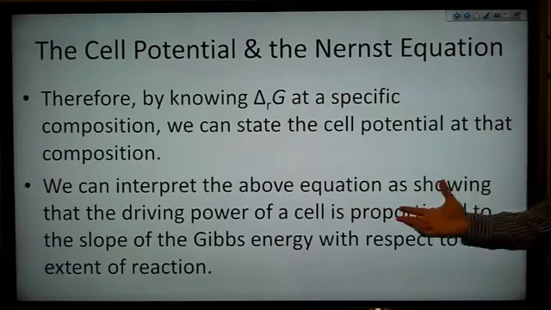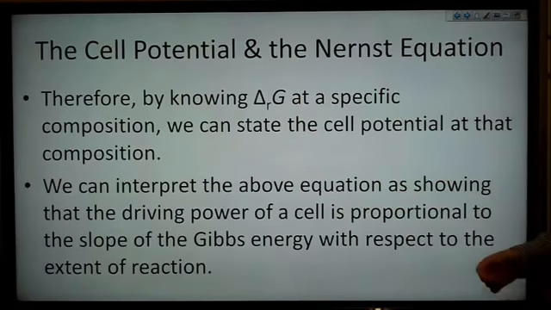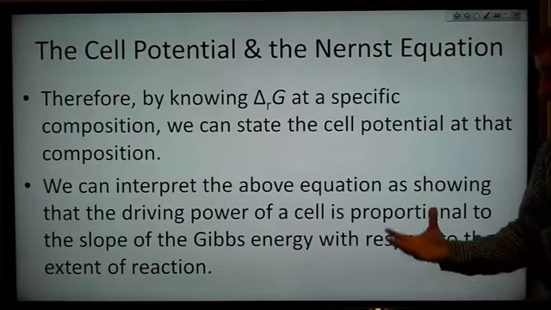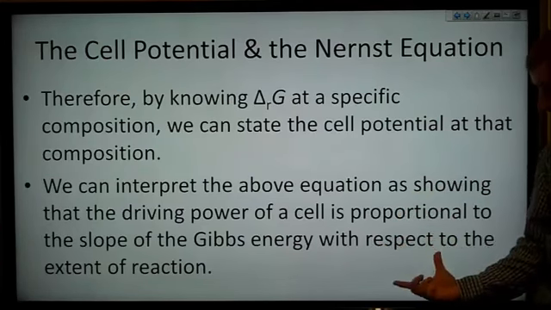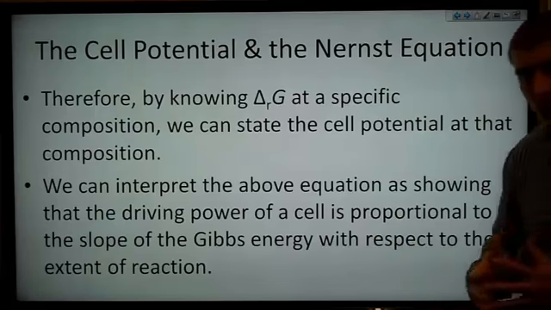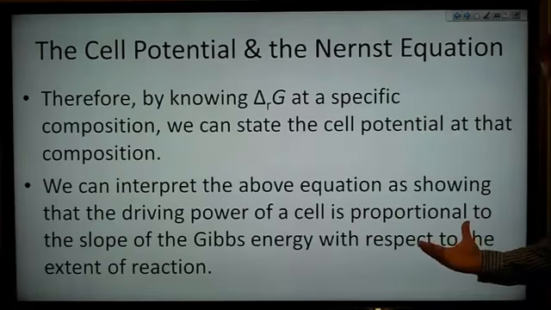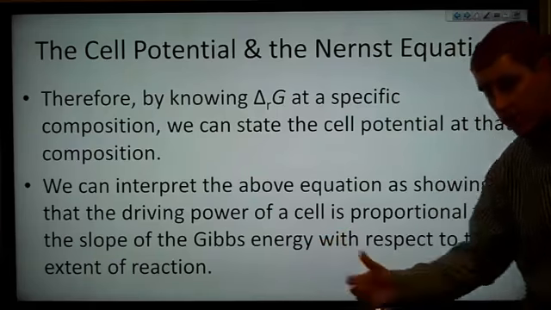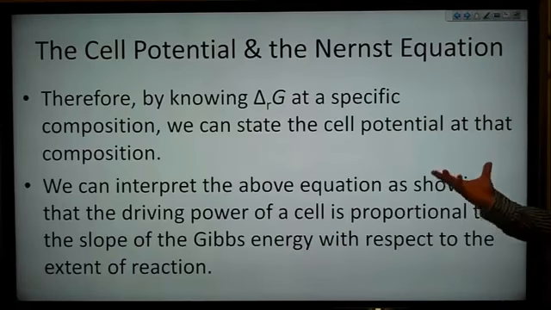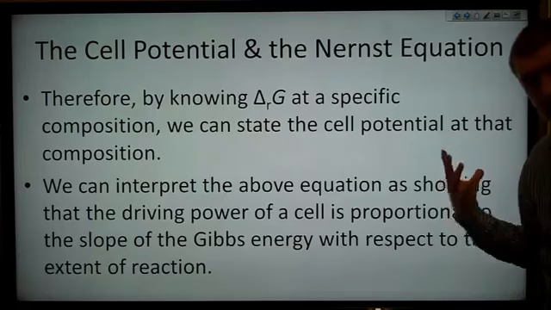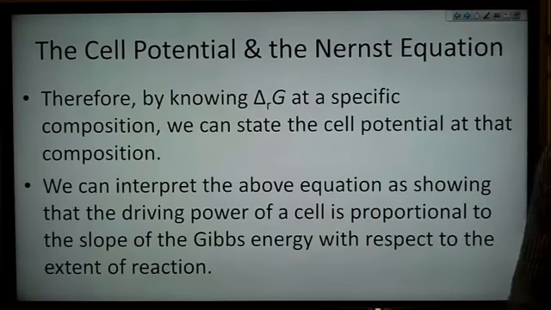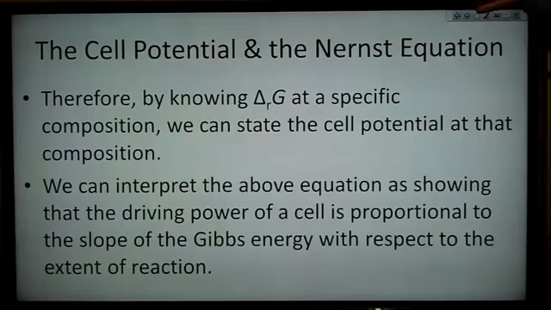Now, we can interpret that equation as showing that the driving power of an electrochemical cell is proportional to the slope of the Gibbs energy with respect to the extent of reaction. As we have our chemical reaction go, we have some slope of Gibbs energy with respect to that extent of reaction, and now we're relating that slope, delta RG, with the driving power of our electrochemical cell.